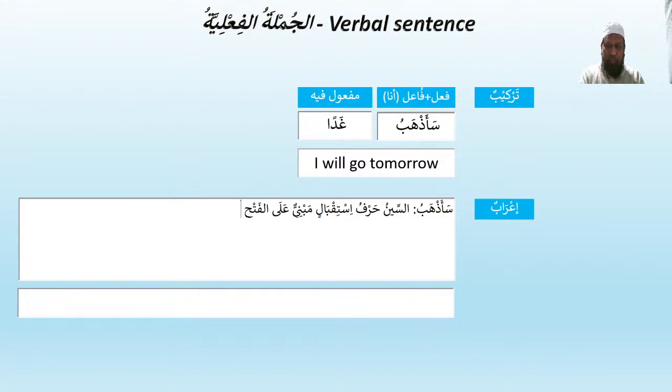And we know the huruf have no slot in the sentence, so we say mabni ala al-fathi la mahalla lahu min al-i'rab. So سأذهب: السين حرف استقبال مبني على الفتح لا محل له من الإعراب.